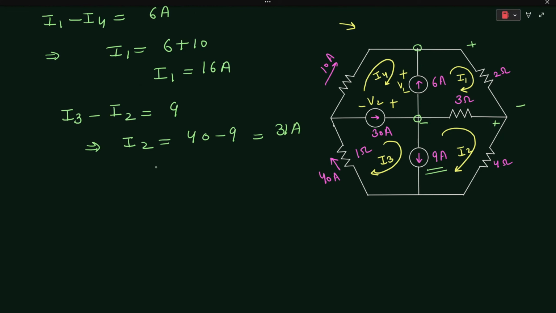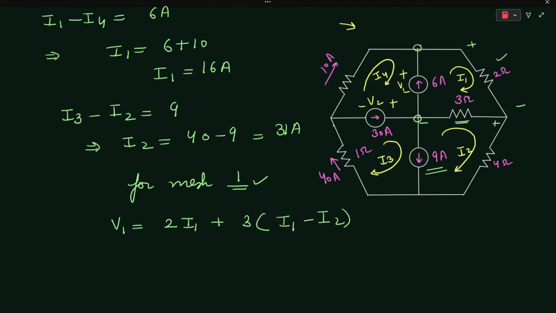For mesh 1, we can clearly see that the voltage V1 will be equal to the voltage drop across this 2 ohm resistor plus the voltage drop across this 3 ohm resistor. It means that V1 will be equal to 2 times I1 plus 3 times (I1 minus I2), because the current flowing in this 3 ohm resistor is the difference of the two currents, I1 and I2.